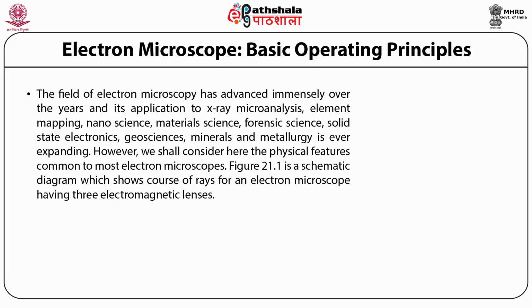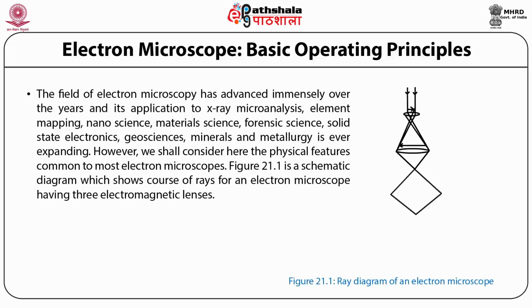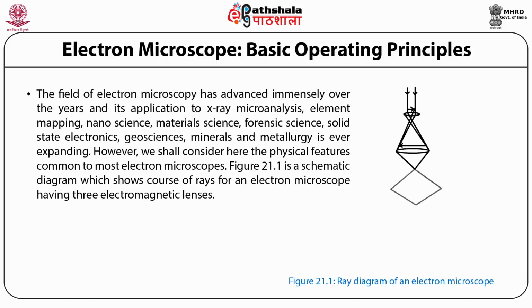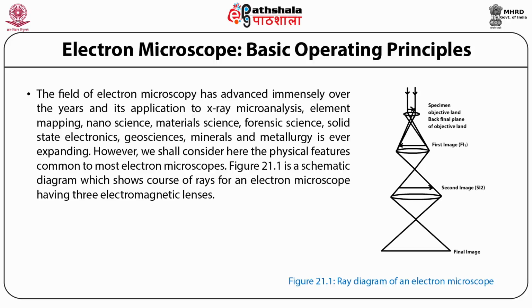However, we shall consider here the physical features common to most electron microscopes. Figure 21.1 shows a schematic diagram which describes the course of rays for an electron microscope having three electromagnetic lenses.